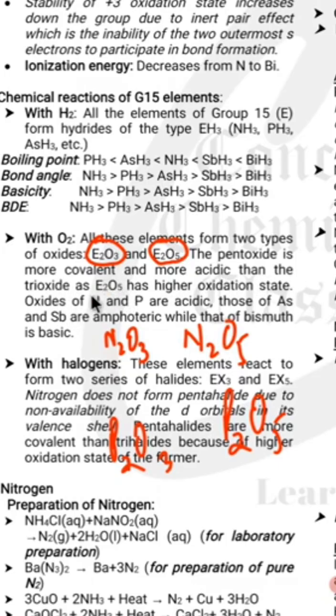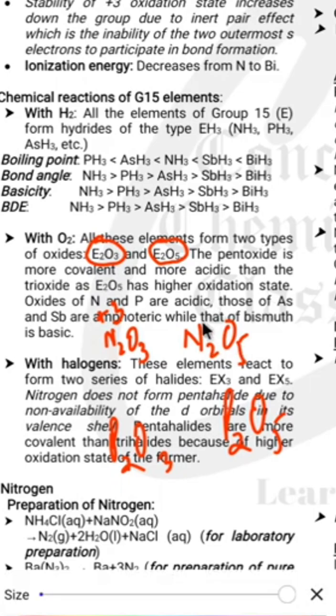As E2O5 has higher oxidation state. In case of N2O3, nitrogen has +3 oxidation state, while in case of N2O5, nitrogen has +5 oxidation state.